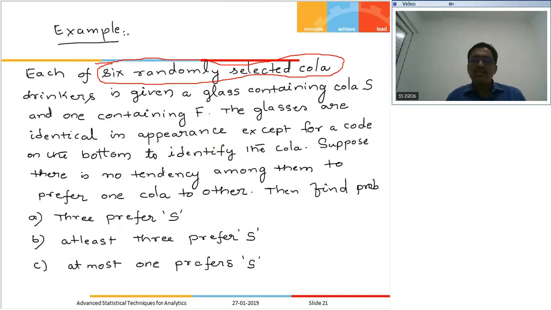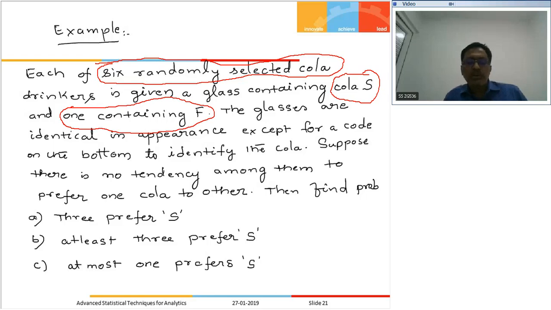Six randomly selected cola drinkers are each given 2 glasses. One glass contains one type of cola, that is S, and the other contains another type of cola, F. The glasses are identical in appearance except for a code on the bottom to identify the cola. Suppose there is no tendency among them to prefer, that is, there is no fixed pattern. Randomly they will pick.